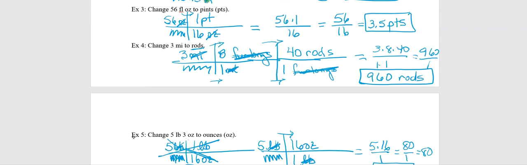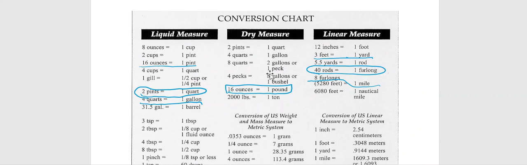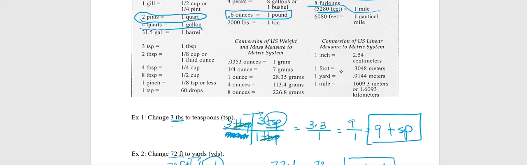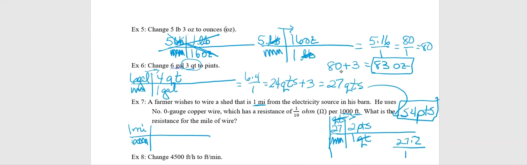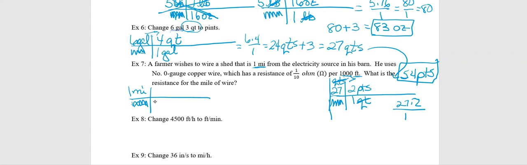So we're going to see how many feet that is. 1 mile is 5,280 feet. Okay, so my miles cross, and now I'm in feet.